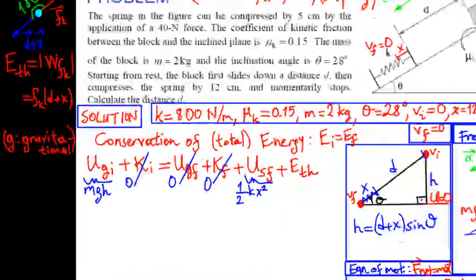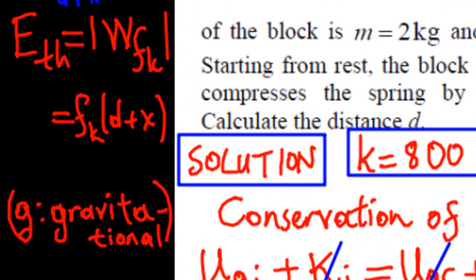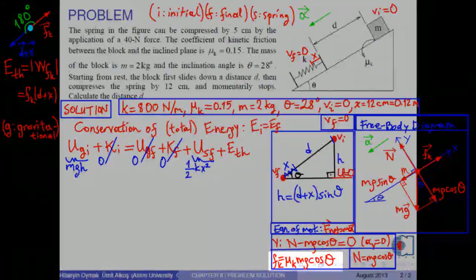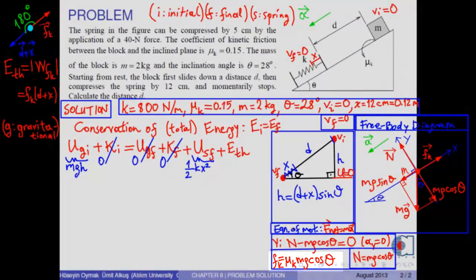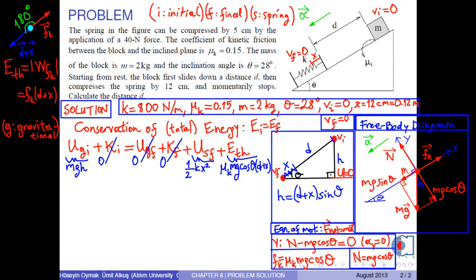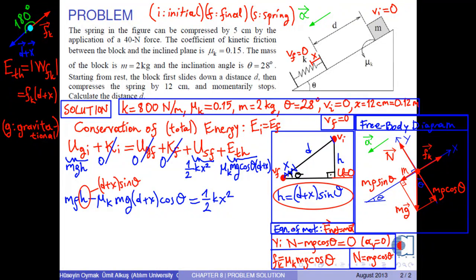Since the thermal energy is Fk times (d plus x), and Fk is mu k times m times g times cosine theta, we have the thermal energy as mu k times m times g times cosine theta times (d plus x). So, if we rearrange the formula, from the right triangle in the figure, h equals (d plus x) times sine theta.